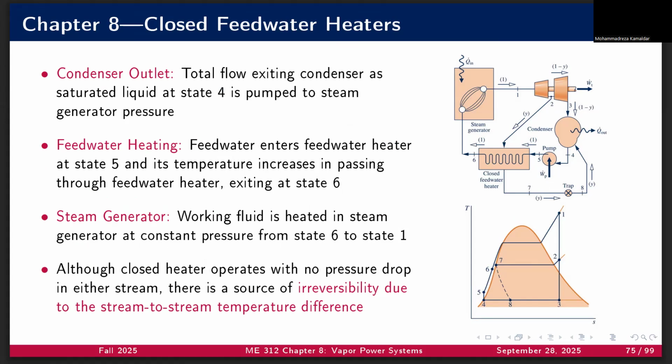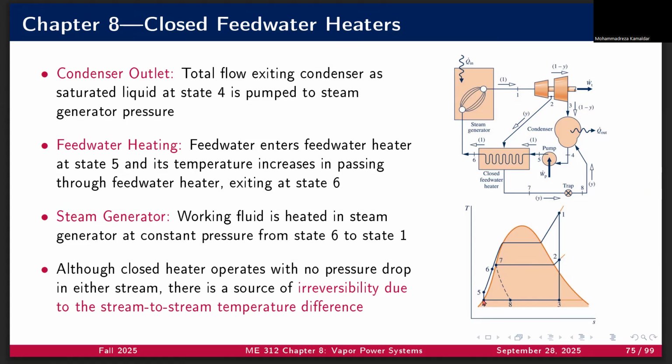We have followed the two streams until they both enter the condenser, right? So this condenser outlet state 4, basically the main flow 1 minus Y and the condensate flow Y, they mix and condense, rejecting the heat, this Q dot out, and the total flow 1 then exits the condenser at state 4.